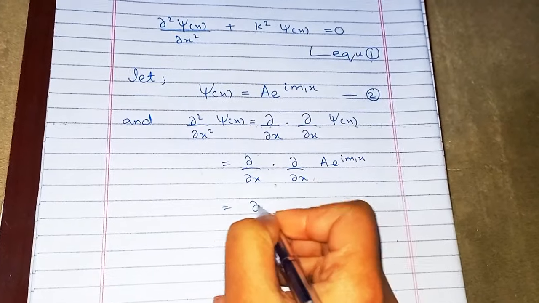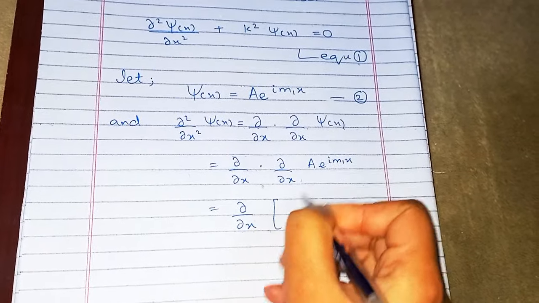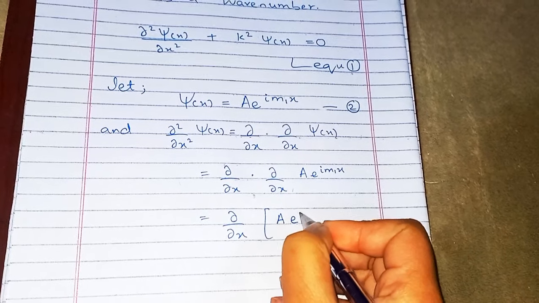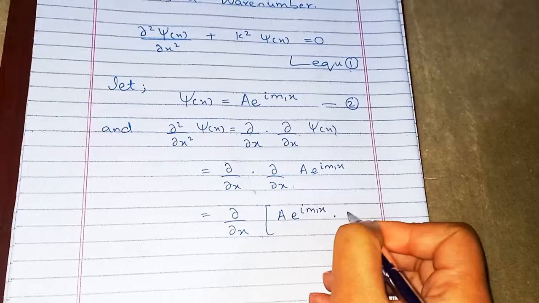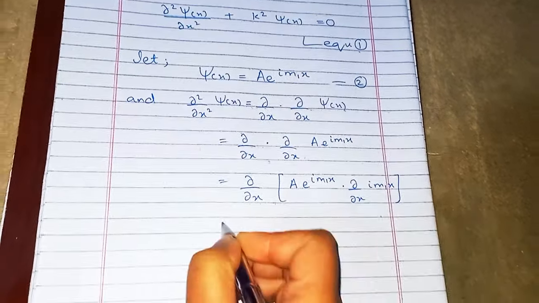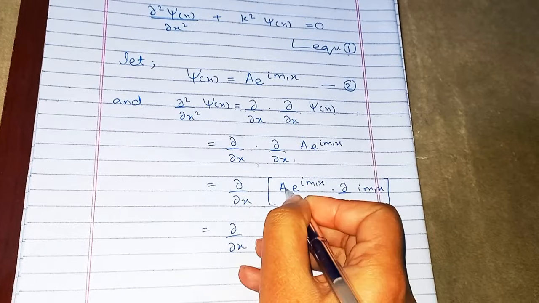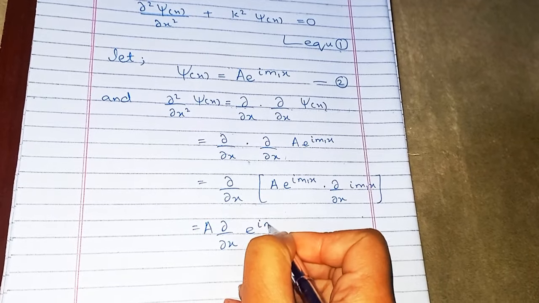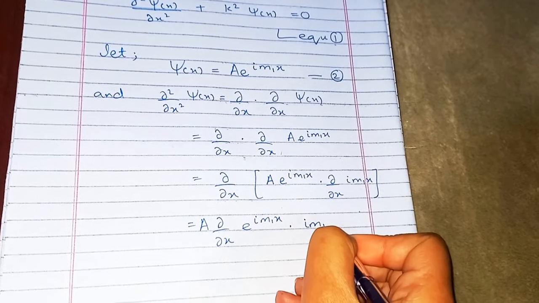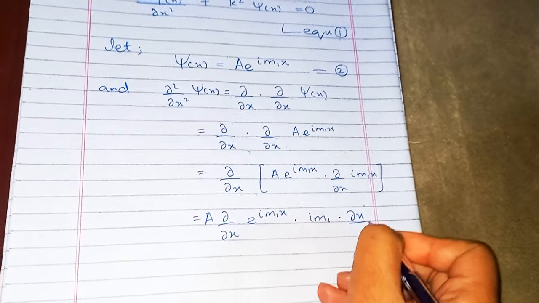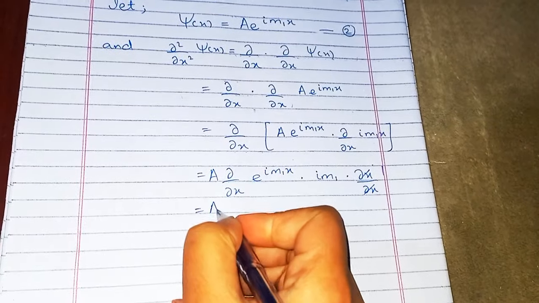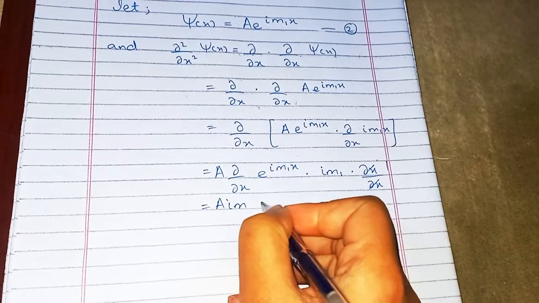Let's find the derivative of this exponential, and a is constant, it will come out, and the derivative of the exponential is that exponential as it is, then the derivative of its power, which is iota m1x. I'm taking this a out because it's constant. iota m1 is constant, so we can write it here. Then we have partial x by partial x, which equals 1. So we have a, and I'm taking iota m outside as well.